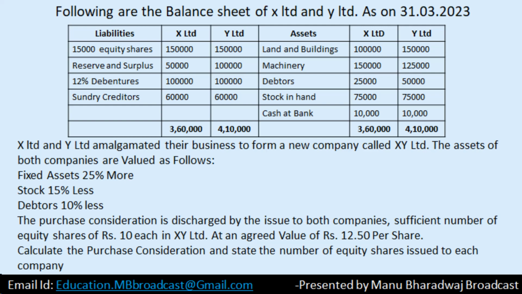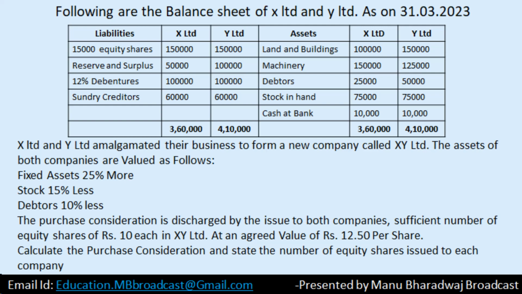X Limited and Y Limited amalgamated their businesses to form a new company called XY Limited. So X Limited and Y Limited are amalgamating and making a new company called XY Limited. The assets of both the companies are valued as follows: fixed assets 25% more, stock 15% less, debtors 10% less.